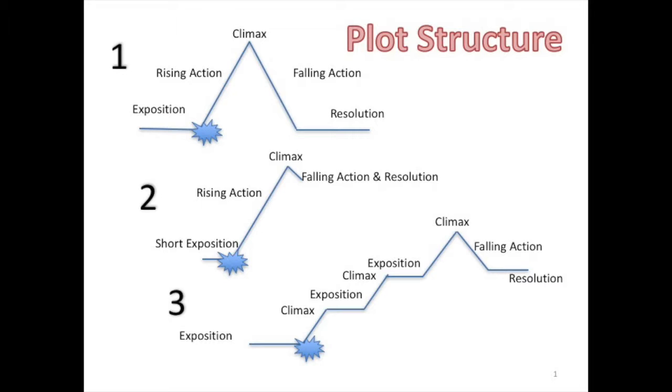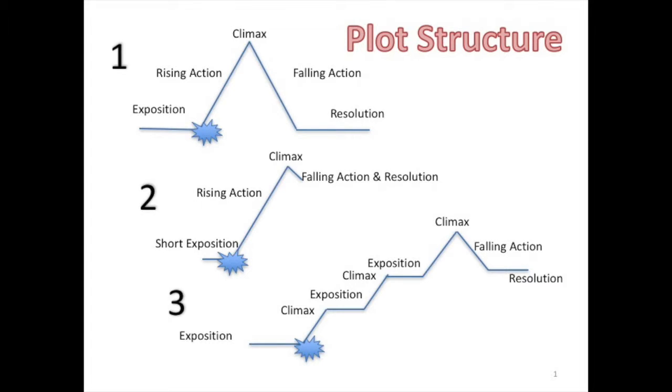I know you might be thinking, Dan, that made no sense whatsoever, but just bear with me and let's take a look at this slide that's on the screen, which I've titled Plot Structure, but you could easily call it Dramatic Structure. So this is the structure of a story. The first example is the most basic version, where you start off with exposition, which is where you set up the environment and the characters.